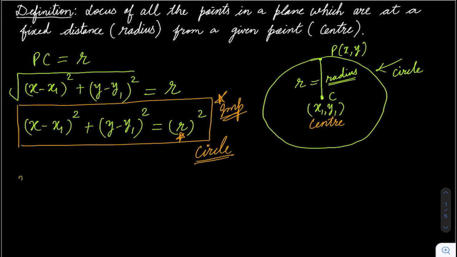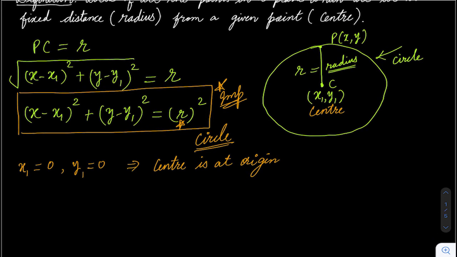Okay, now there is a special case in this which generally comes in a lot of questions. So let's discuss that also. When x1 and y1 are 0, it means we are talking about the center at the origin. Obviously 0, 0 means origin.